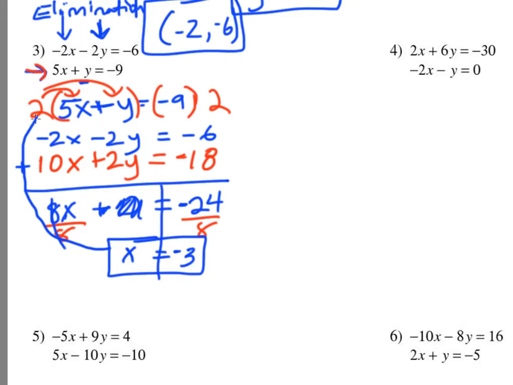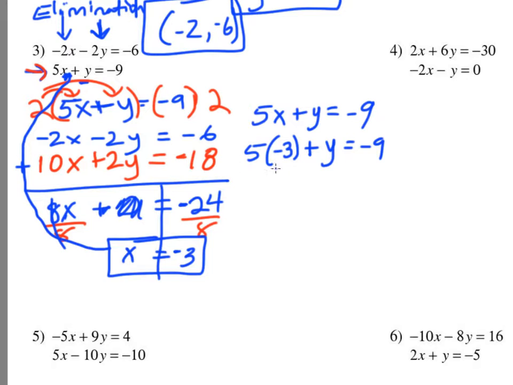We're going to plug him in, either top or bottom. Let's just choose the bottom one for fun. So 5x plus y equals -9. But now we know that x is -3. So 5 times -3 plus y equals -9. 5 times -3, -15 plus y equals -9.